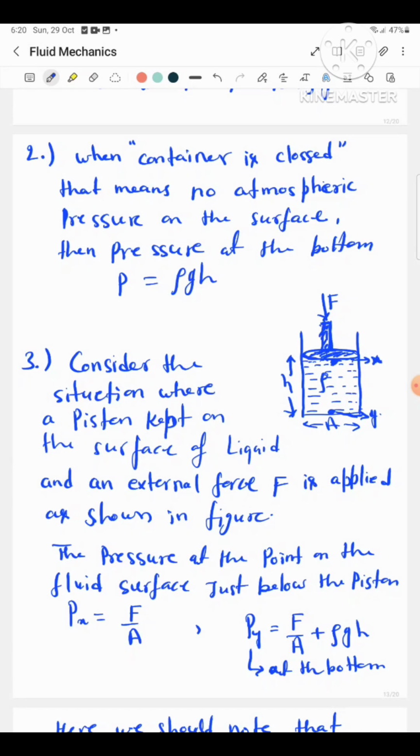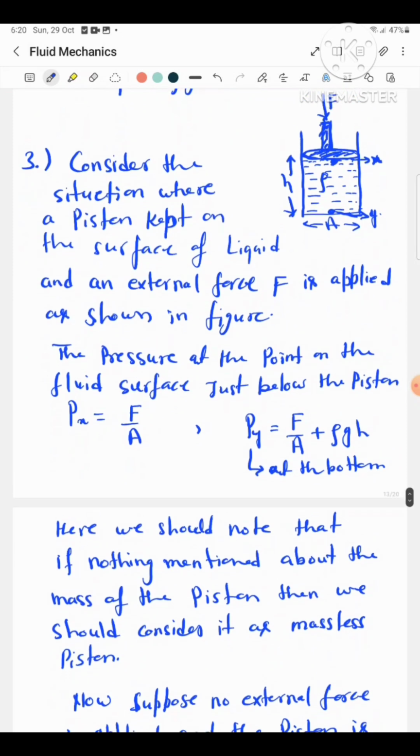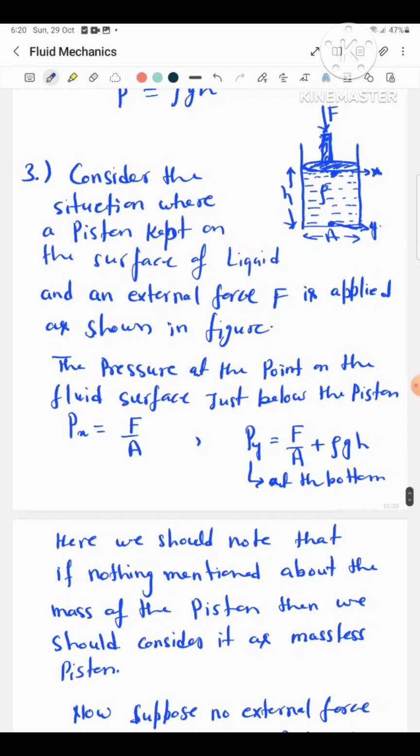So the pressure at the bottom of the vessel will be only rho gh. The third situation is, consider, it has been mentioned that a piston is kept on the surface of the liquid and an external force F is applied as shown in the figure.